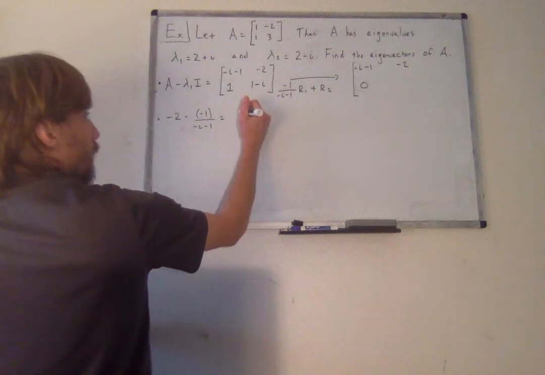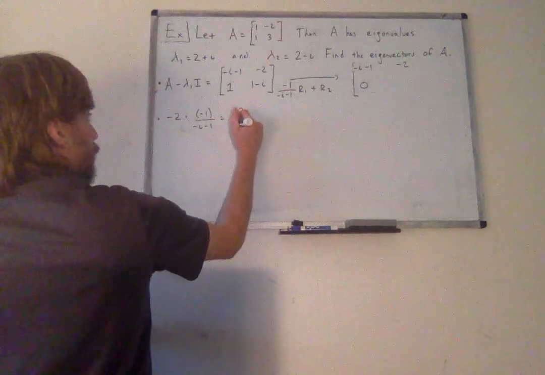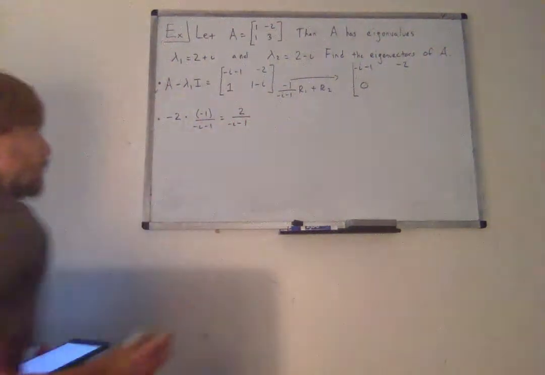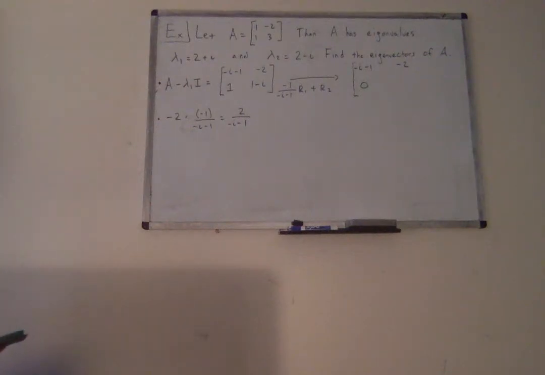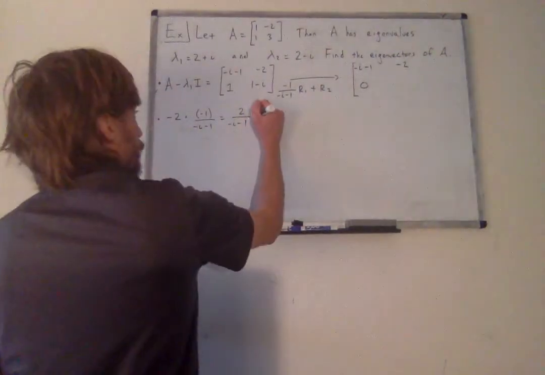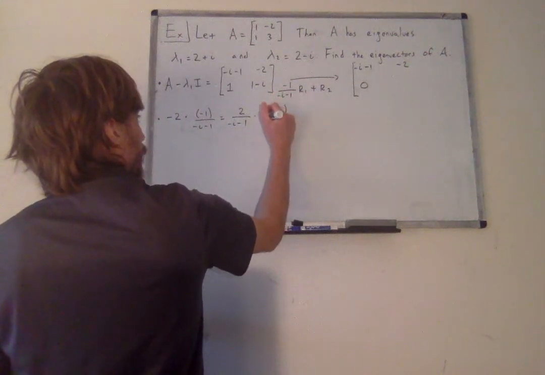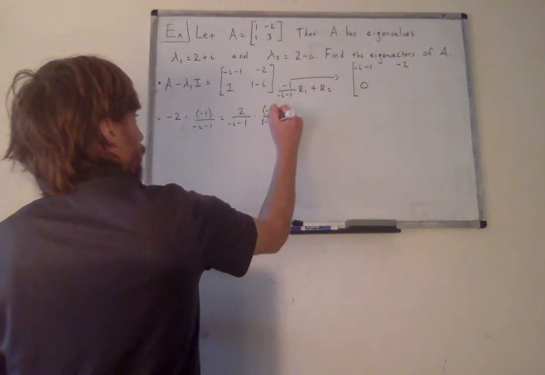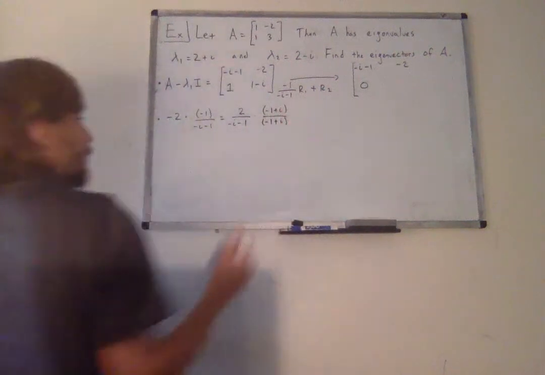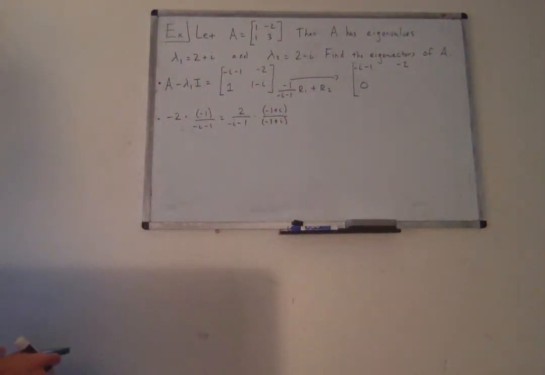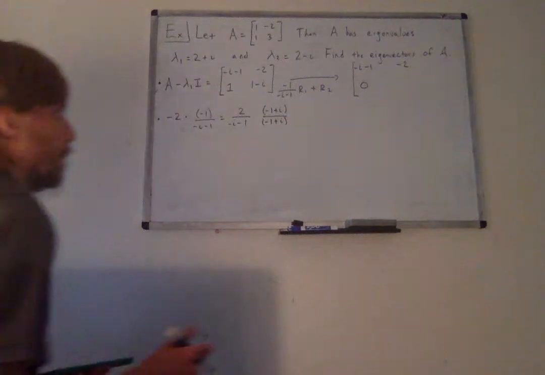So this would be 2 divided by negative i minus 1. And remember, we do complex number division by multiplying the top and the bottom by the conjugate of the denominator. And so here, notice this is the conjugate.